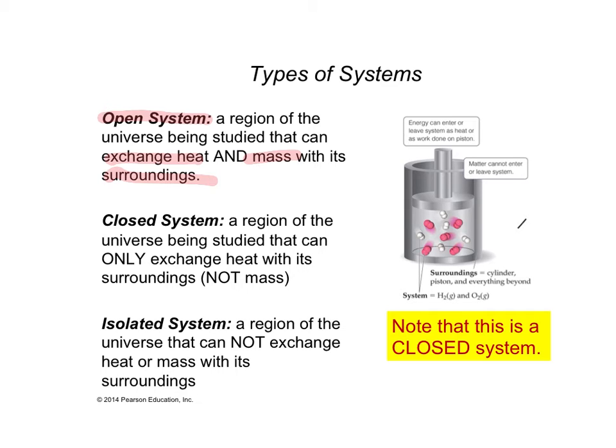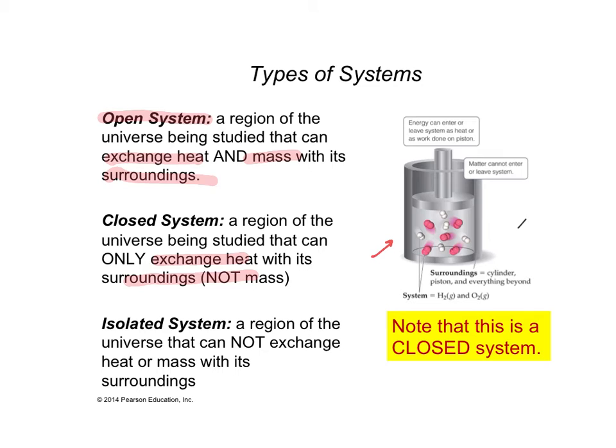Another type of system that we will deal with is something called a closed system. In a closed system, we can exchange energy, but we cannot exchange matter. So no matter with the surroundings. So this is only energy. A good example of a closed system is something like the piston that's in your car.